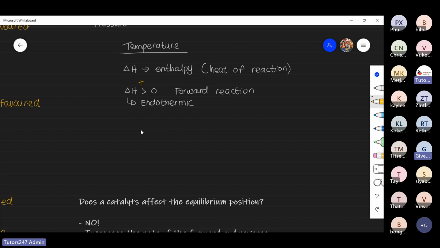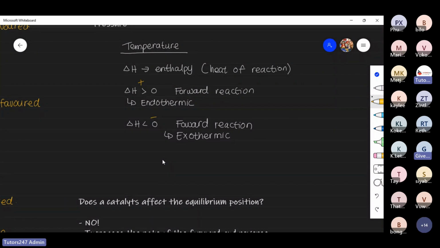Now, if our heat of reaction is negative, meaning it is less than 0, our forward reaction is then going to be exothermic. Okay, so there's two types. If our enthalpy is positive, our forward reaction is endothermic.